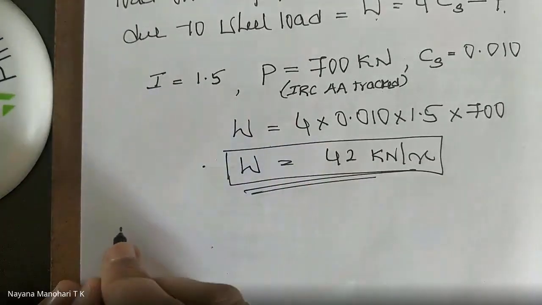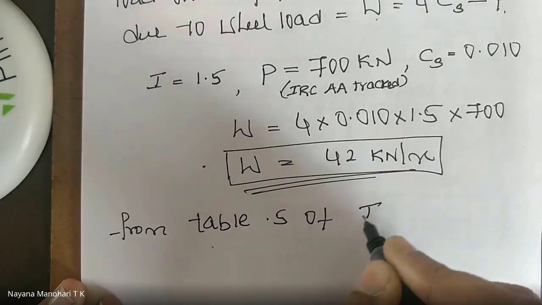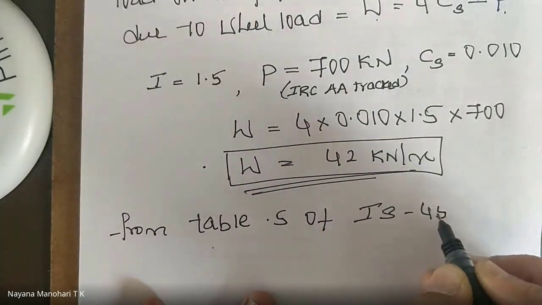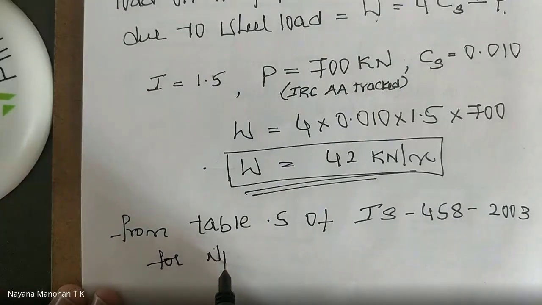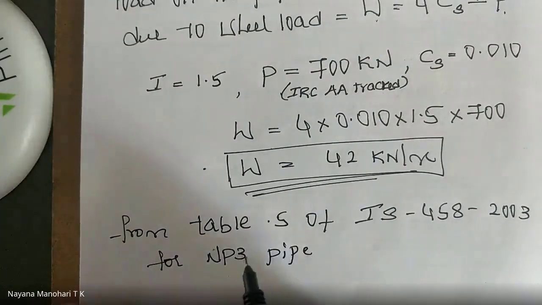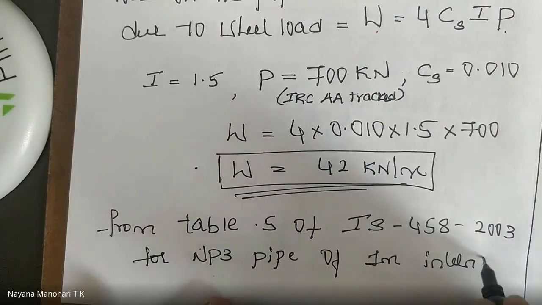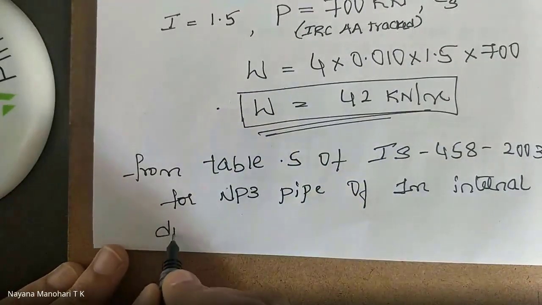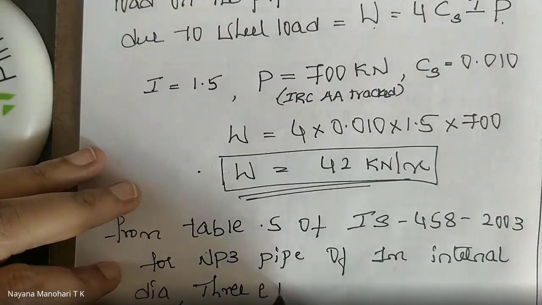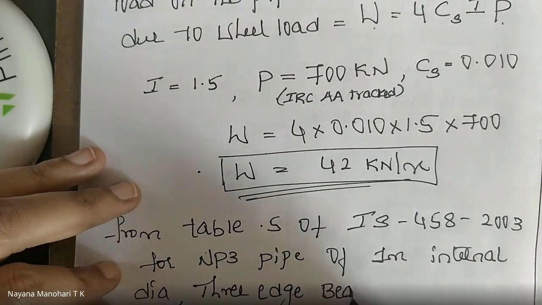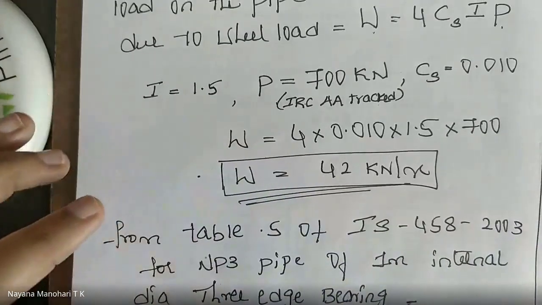Take down below that, same from table 5 of IS 458 2003 for NP3 pipe of 1 meter internal diameter. The 3 edge bearing strength will be equal to the 3 edge bearing strength value.